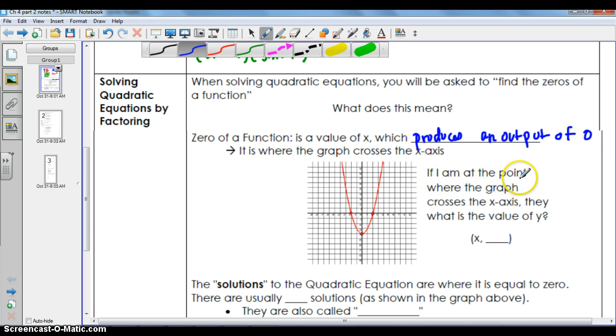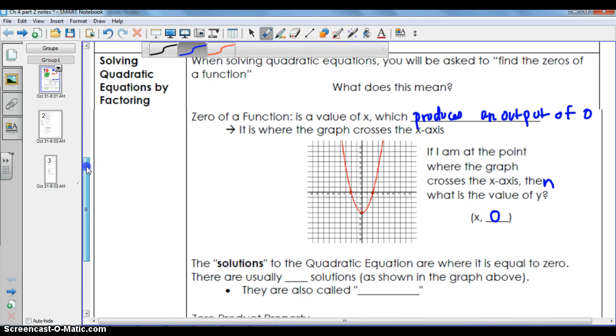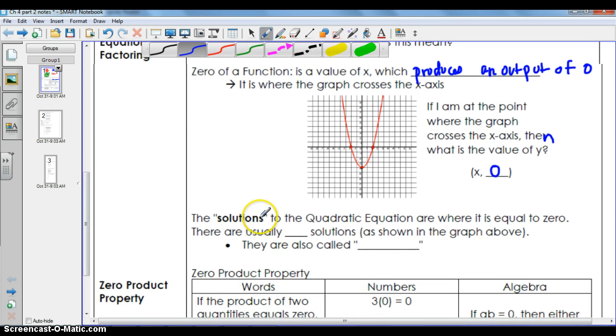So if I am at the point where the graph crosses the x-axis, then what's the value of y? Well, it's 0. It's that output of 0. So our x is the answer, the solution. So solutions are where it's equal to 0.